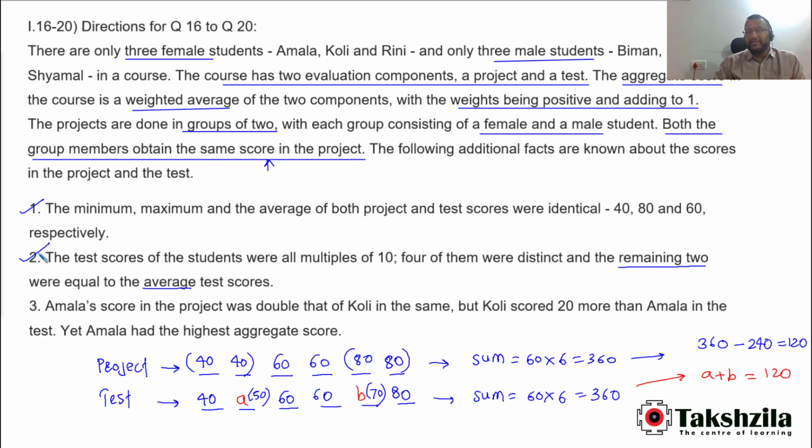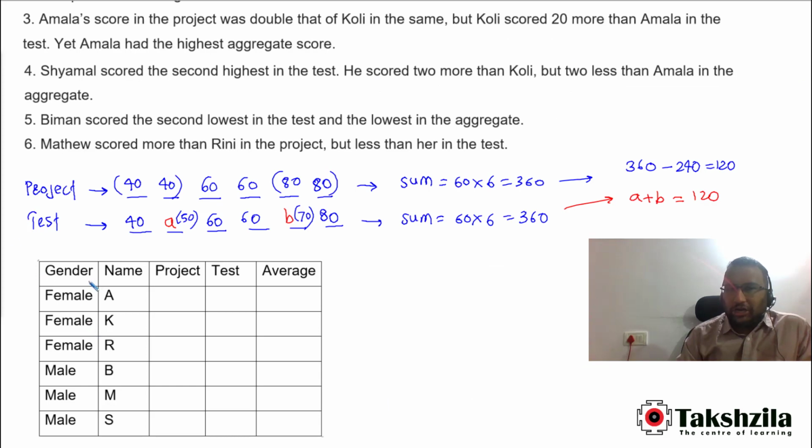Statement number 3 says that Amla's score in the project was double that of Kohli, and so on. From statement number 3 onwards, we have data about the individual students. So over here we need to form a table. Let me show you how the table will look. In this table, there are gender, name, project, test, and the weighted average, which can be called the aggregate. We are done with the first two statements.